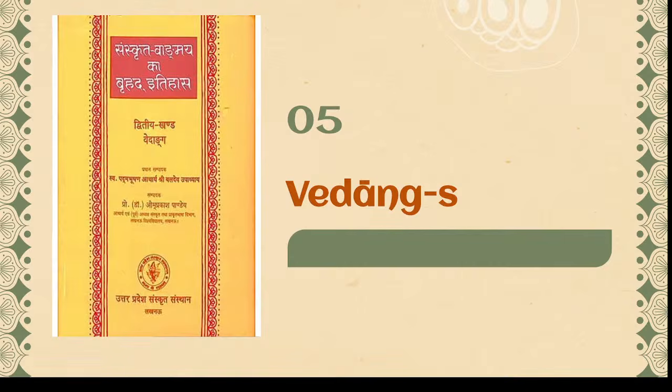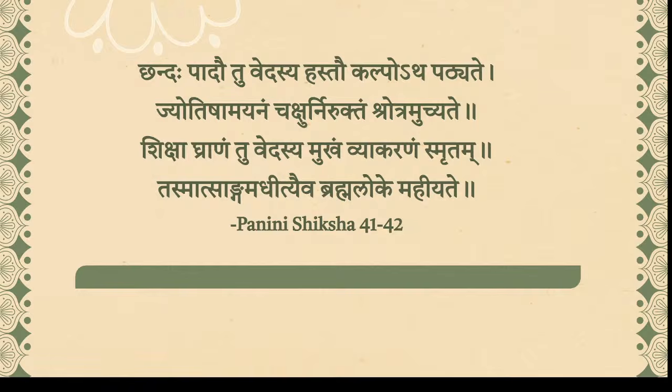In the previous lectures, we have discussed that the Vedāṅgas are six in number, so they are called Ṣaḍ Vedāṅga. They are Śikṣā, Vyākaraṇa, Nirukta, Chanda, Kalpa, and Jyotiṣa.